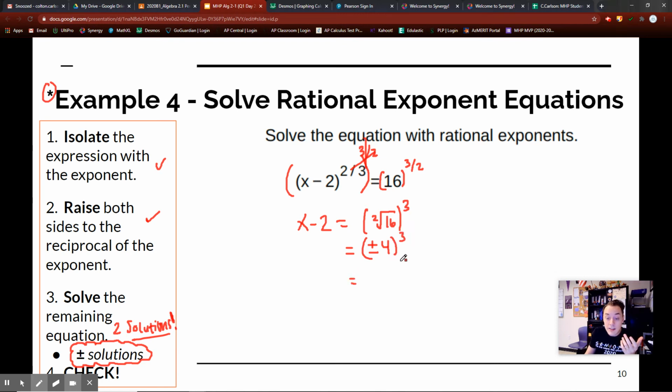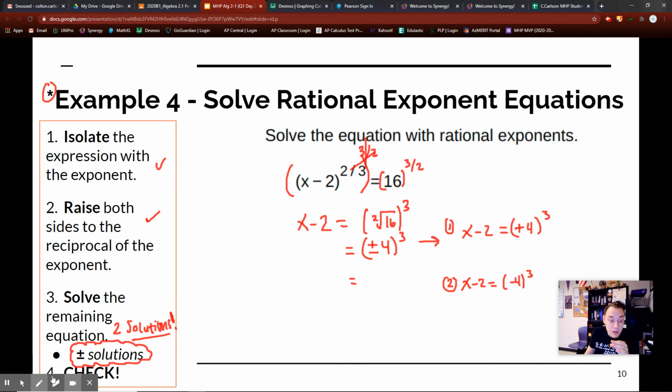So that means I have 2 solutions here. Number 1, x minus 2 equals positive 4 cubed. But I also have number 2, x minus 2 equals negative 4 cubed.